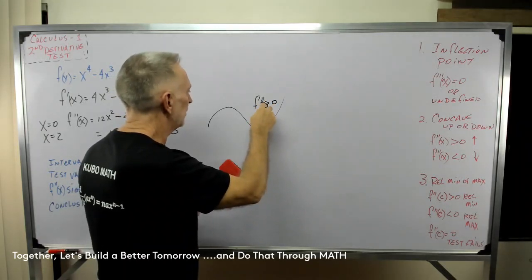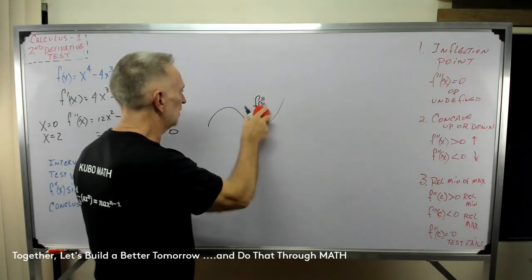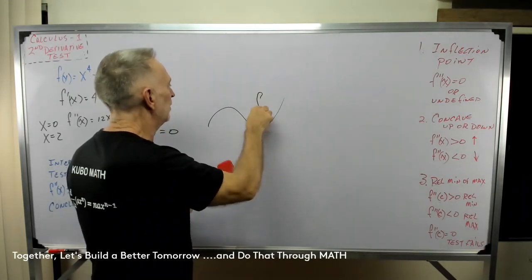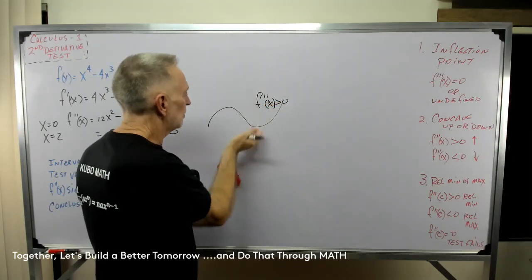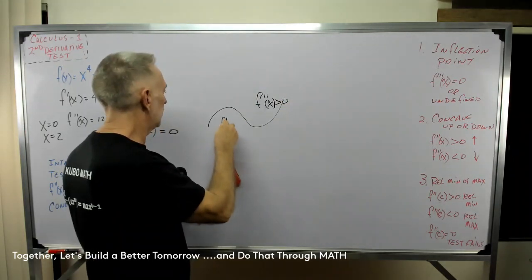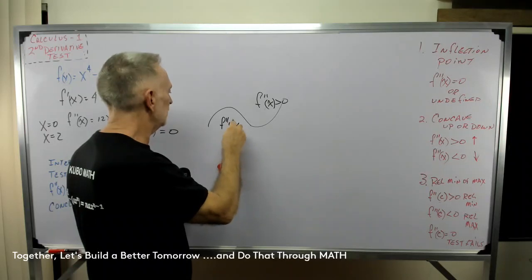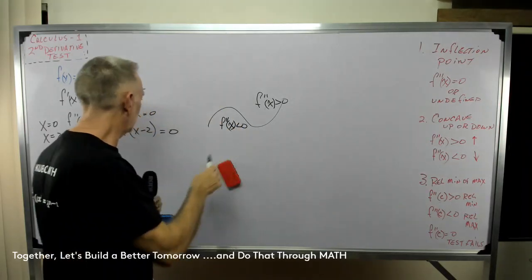F double prime of x greater than 0, or concave up. F double prime of x less than 0, or concave down.